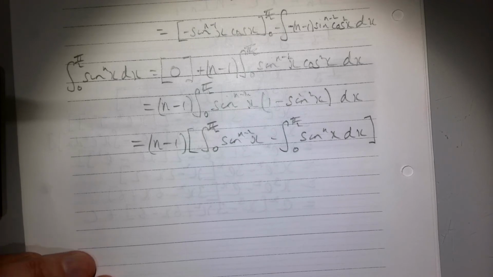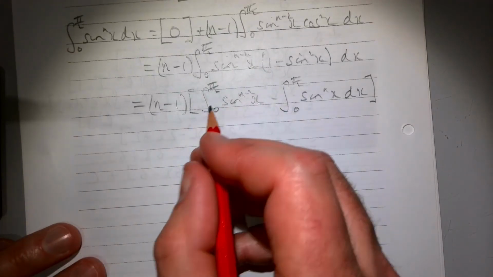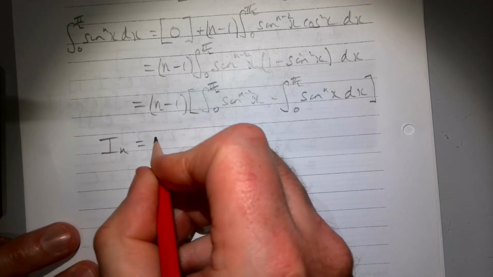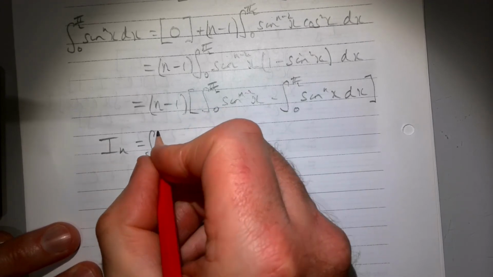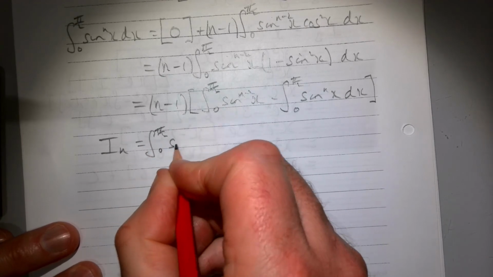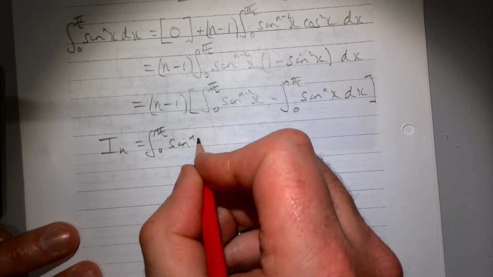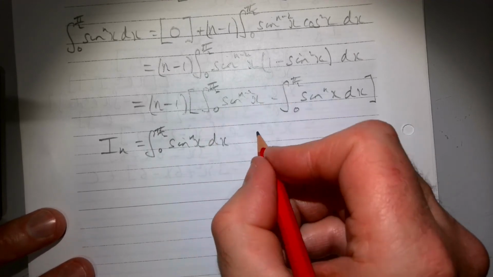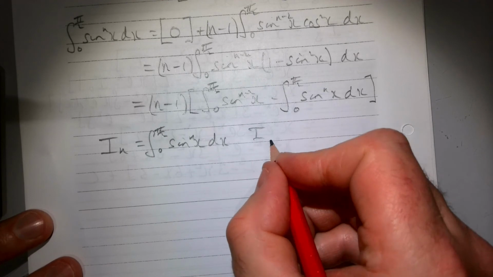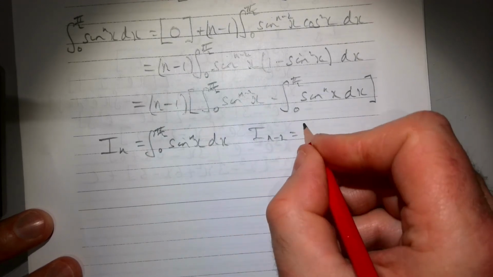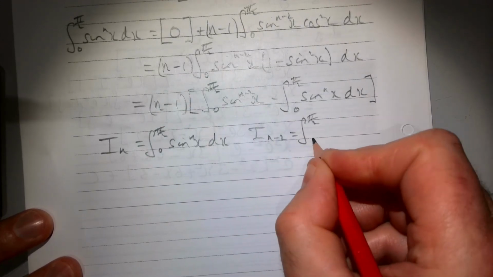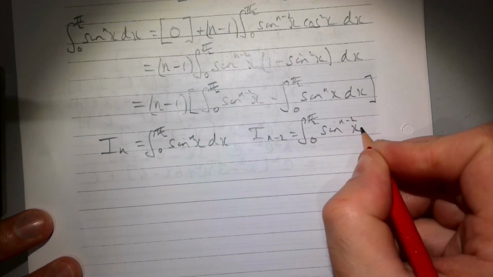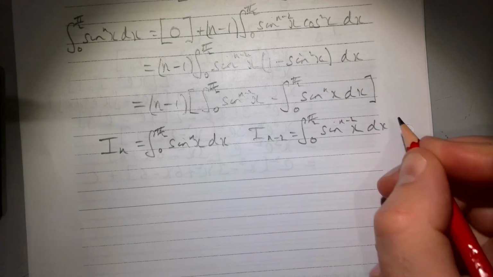Of course, I_n, as we've written at the very start, is the integral between pi over 2 and 0 of sine to the power of n x dx. That means this here is going to be I_(n minus 2), the integral between pi over 2 and 0 of sine n minus 2 x dx.